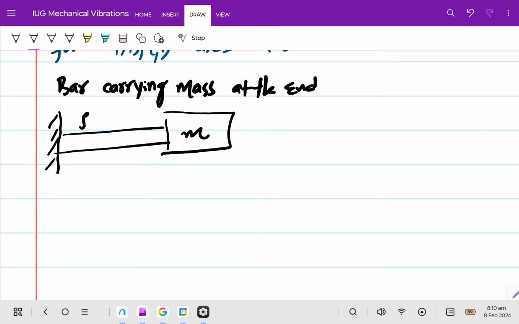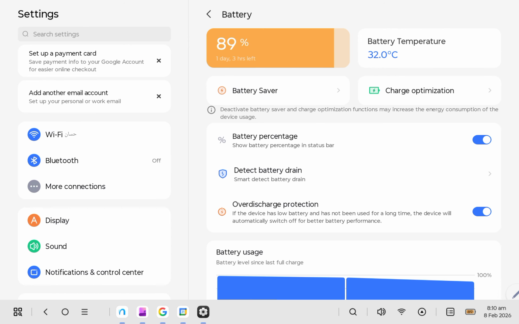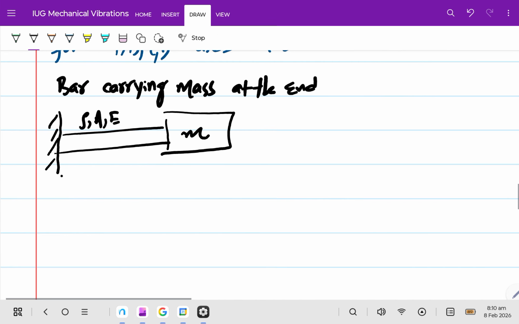Obviously that beam has some density, some cross-section area, some elastic modulus, and the total length of this beam is length L. So now you can substitute this into our original equation.